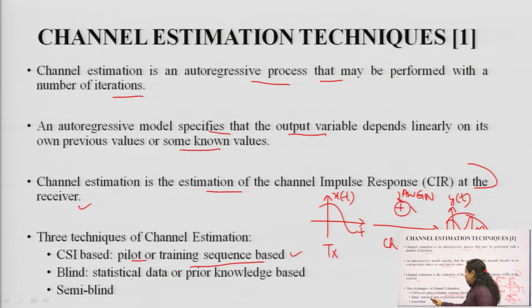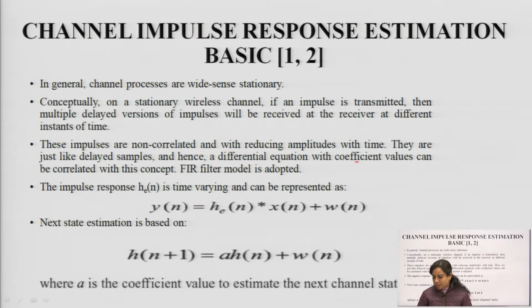Now, the second is blind, that is based on statistical data or prior knowledge, which means what prior knowledge it has for this particular type of data. Next is semi-blind, where a different blind technique is used. So, these are the three different techniques for channel estimation.